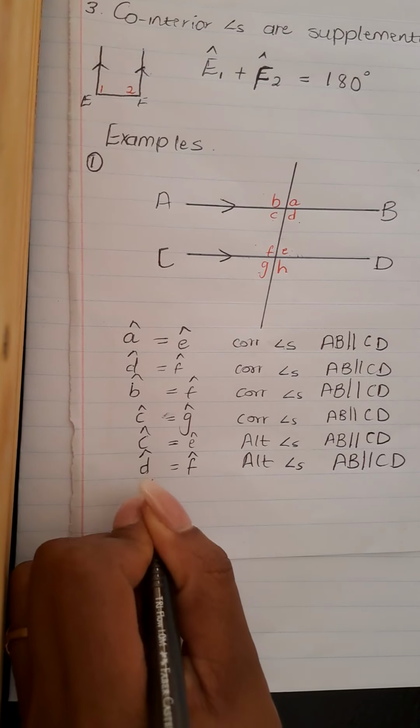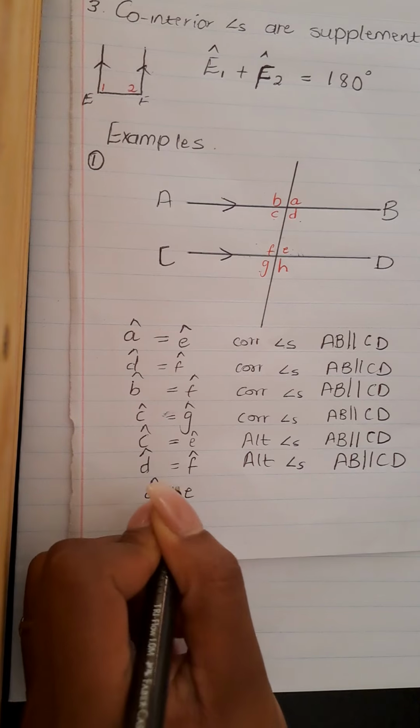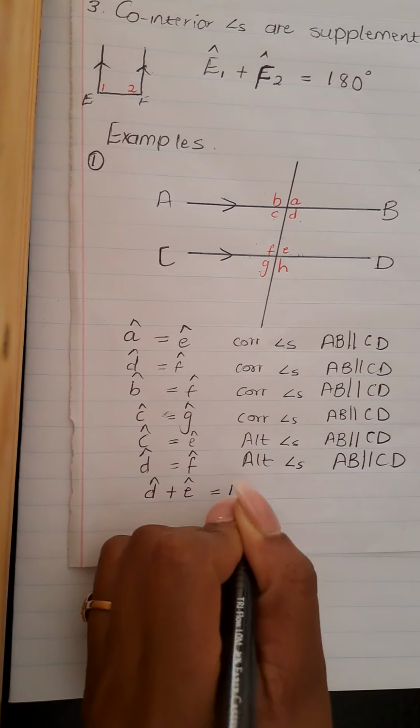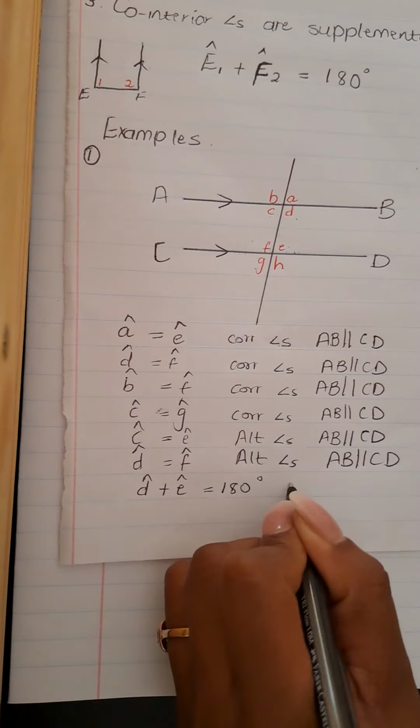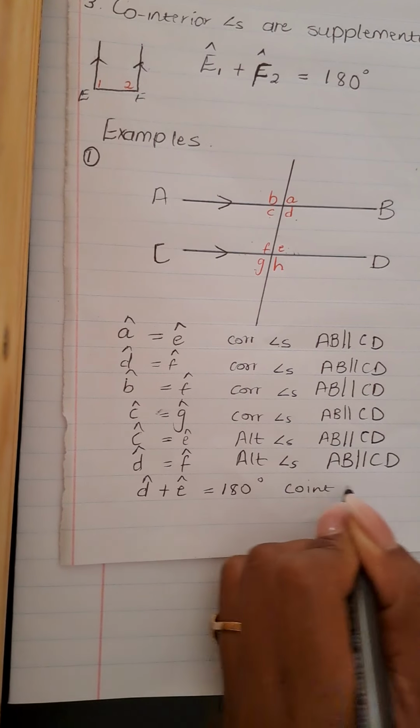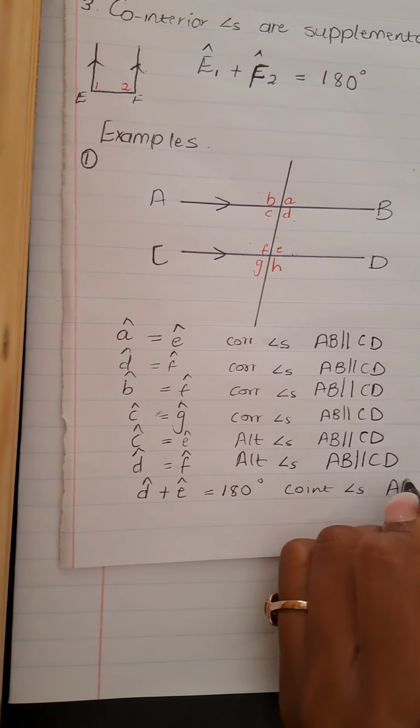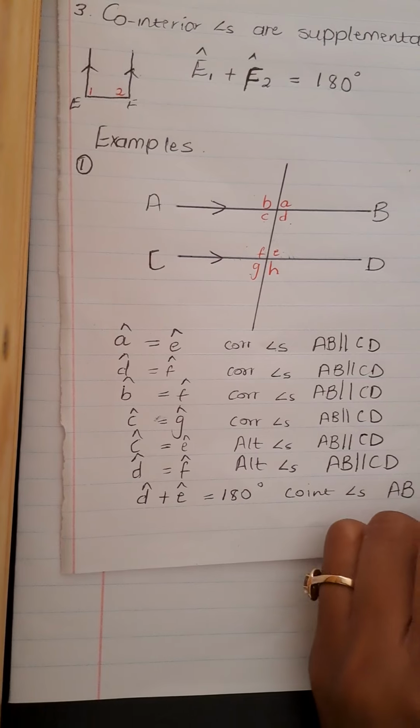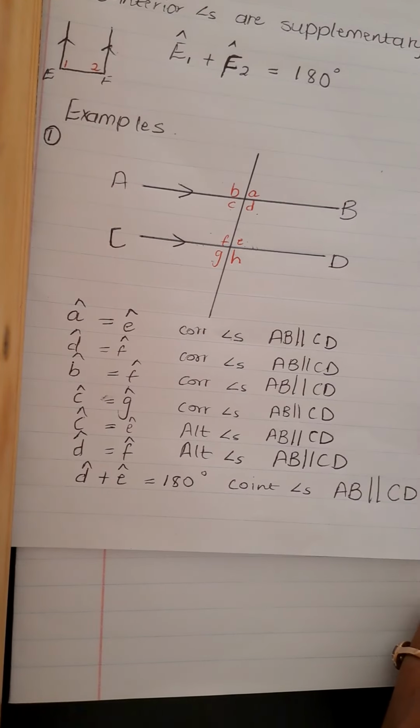So you will say angle D plus angle E is equal to 180 degrees, co-interior angles, AB parallel to CD.